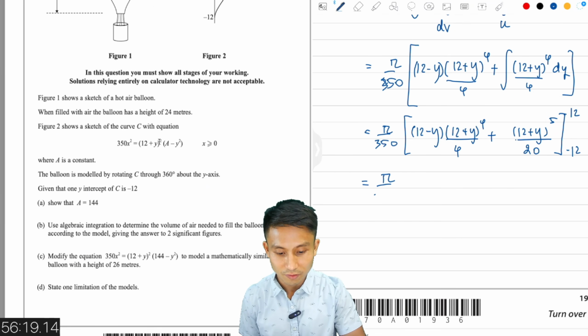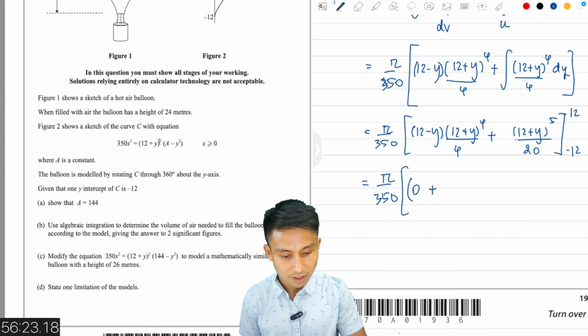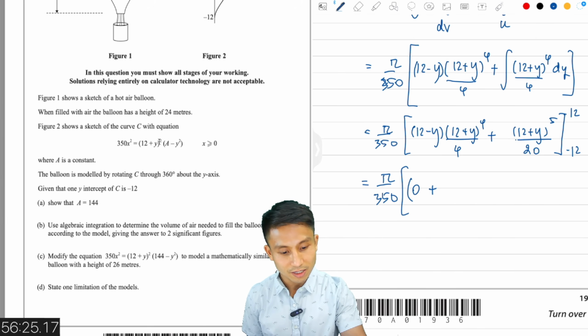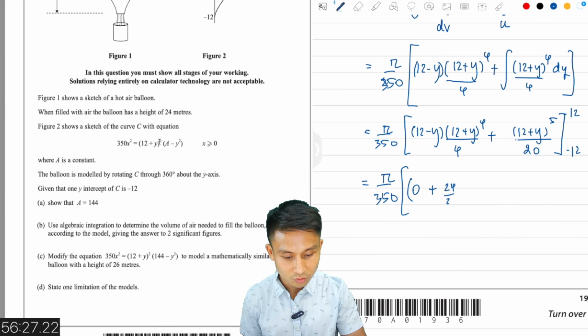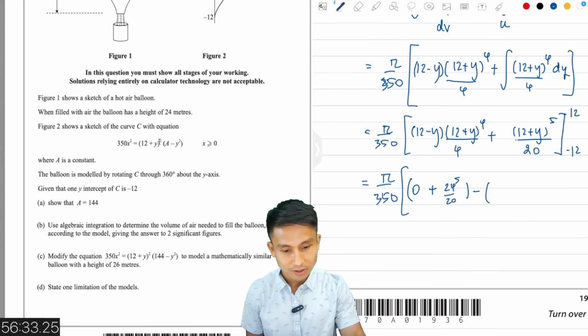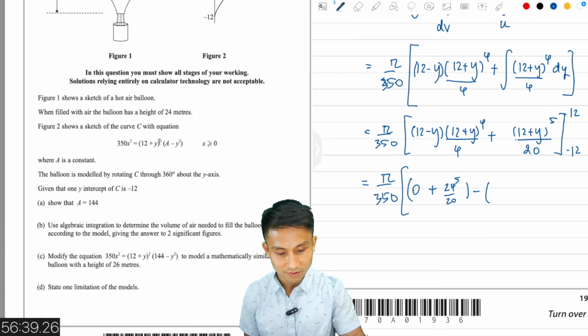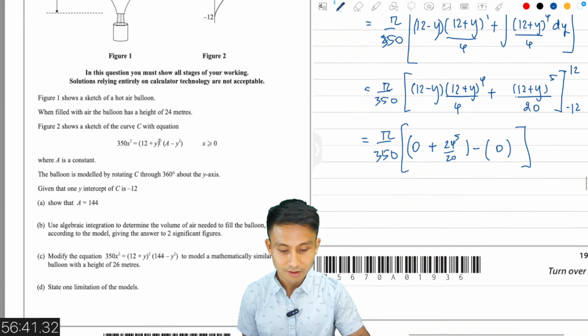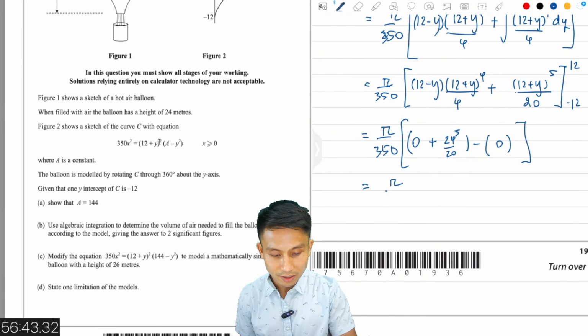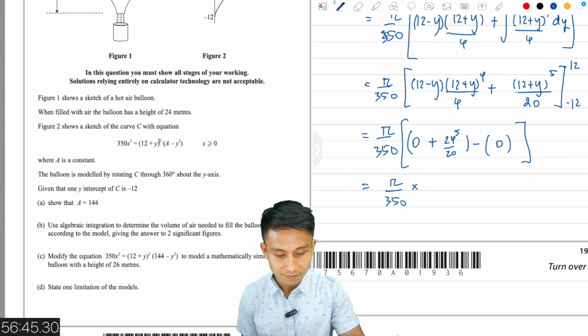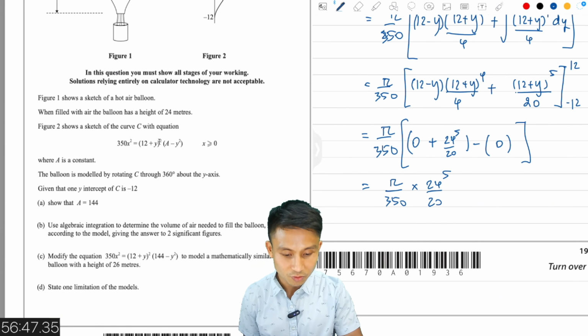So pi over 350, that would be 0 plus, so 12 plugged in here, I get 24 to the power of 5 over 20, minus the lower limit. If you sub in minus 12 here, you get 0. Also here, you get 0. That simplifies it. So we get pi over 350 times 24 to the 5 over 20.